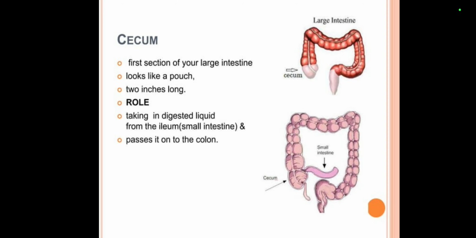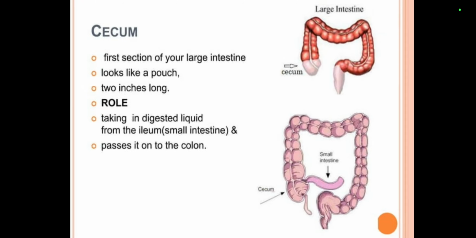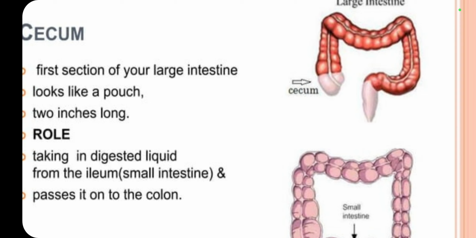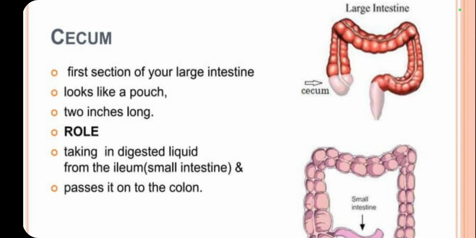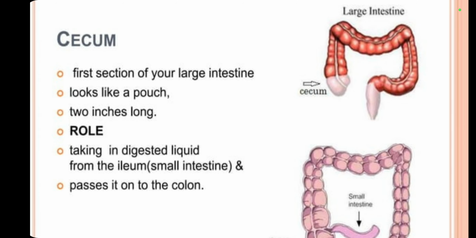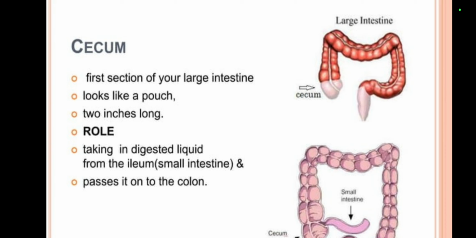So the cecum basically is the first section of the large intestine. As you can see, in this area, this is your cecum. It looks like a pouch, or a sack or a bag. It is 2 inches long, and the role of the cecum is taking in digested liquid from the ileum, the last part of the small intestine, and passing it on to the colon.